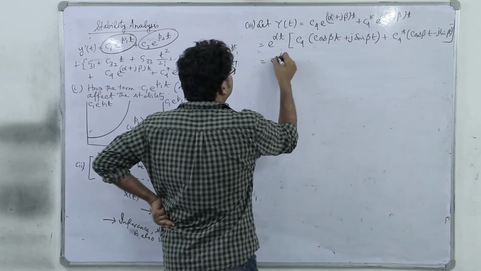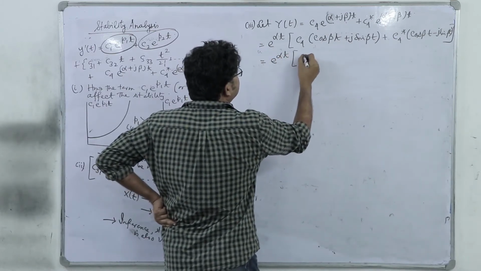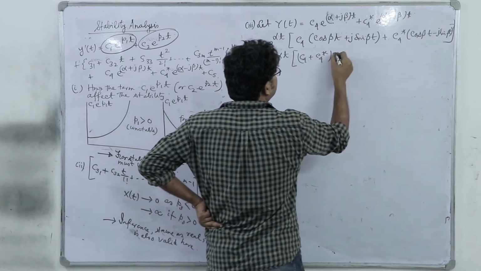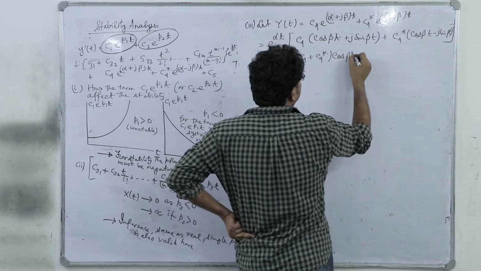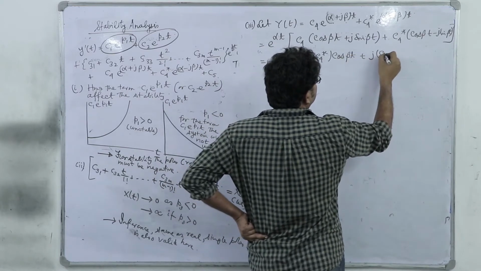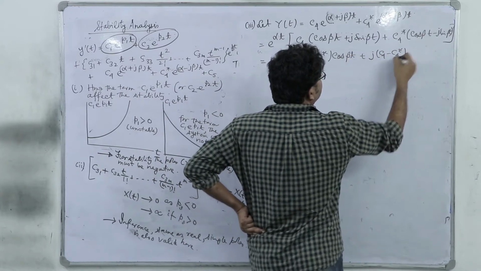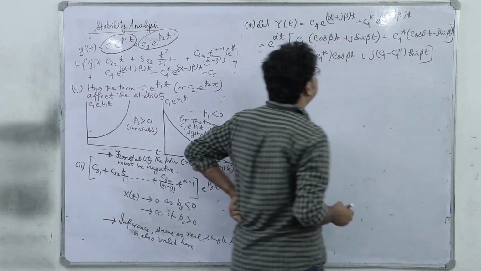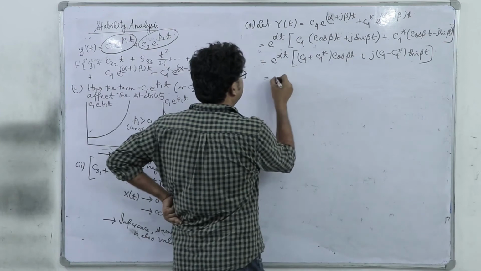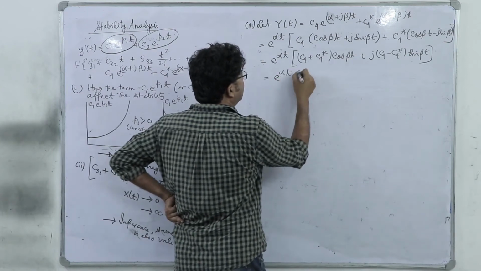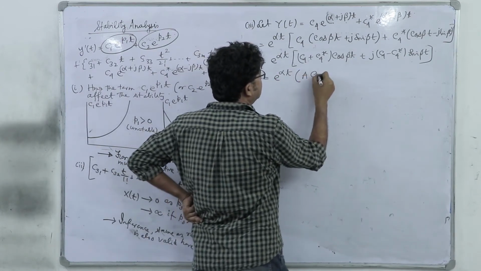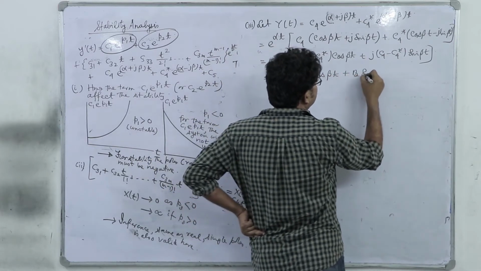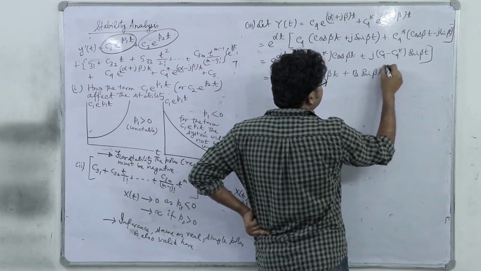So, from here we get (C4 plus C4 star) cos beta t plus j(C4 minus C4 star) sin beta t, and we can write that as capital A, a new constant, cos beta t plus B sin beta t.